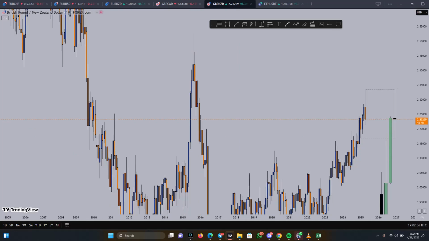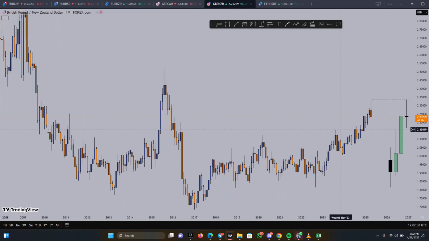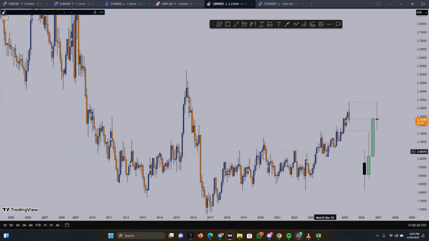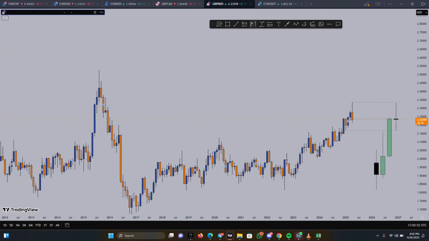So let's go to the GBPNZD. Well, for this, I don't know. The target is just unknown, but I'll just target the previous high just to be safe. Understand? I'm targeting the previous high just to be safe.